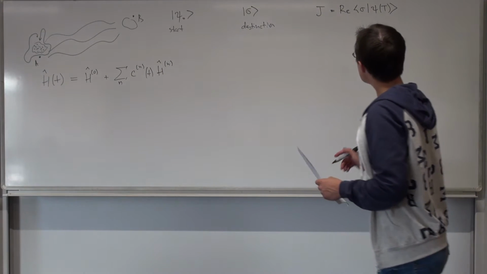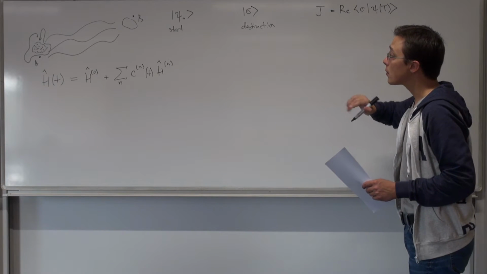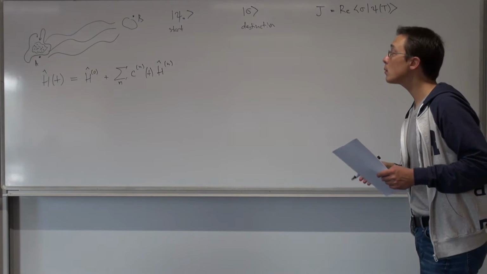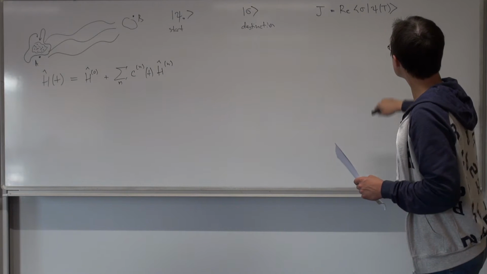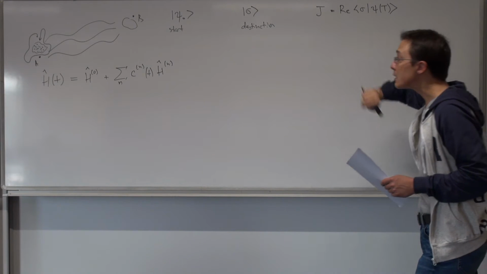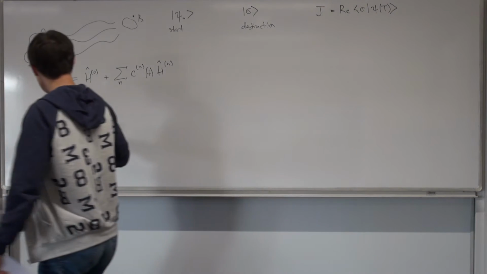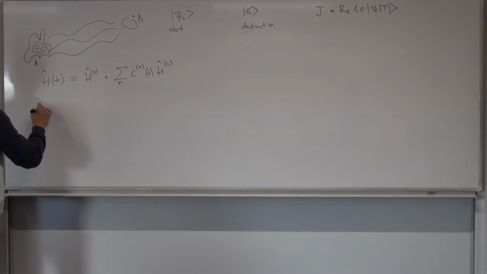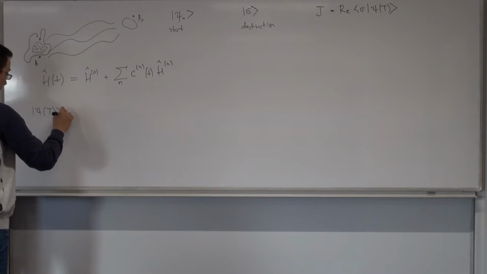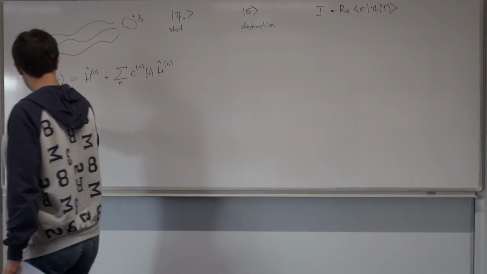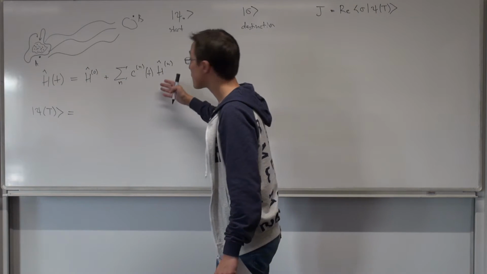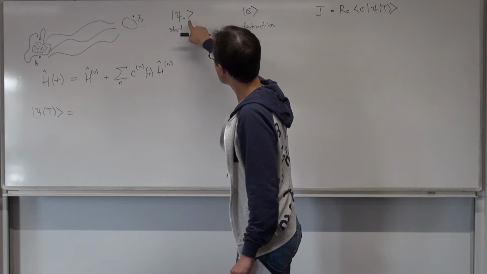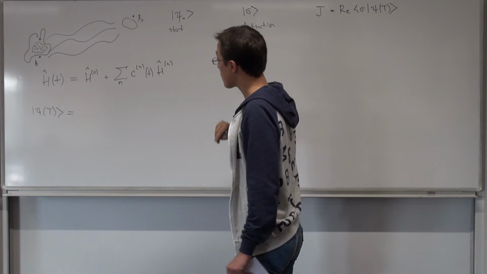And so let us now just write down the Schrödinger equation with that Hamiltonian and plug it into the expression of our fidelity. So our wave function at time t would be the result of time propagation under this time-dependent Hamiltonian from the initial condition psi 0.